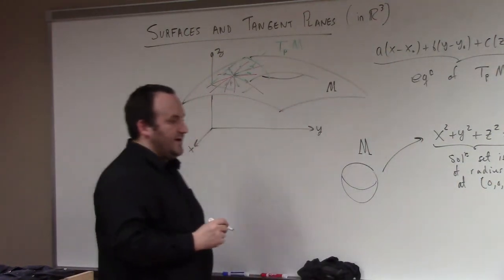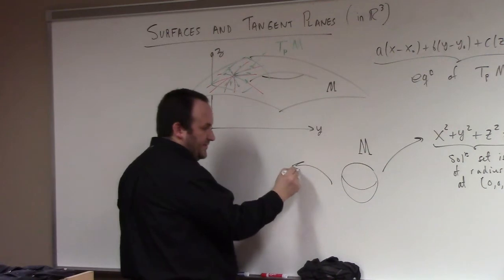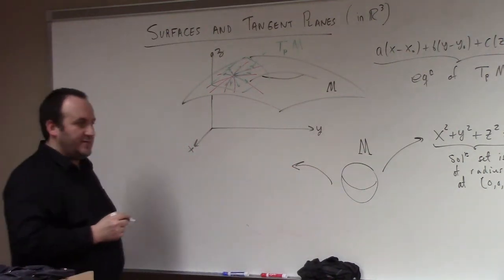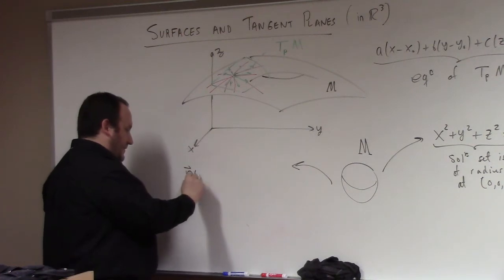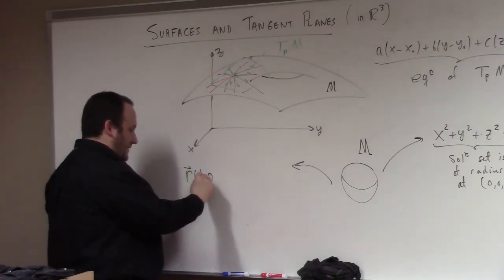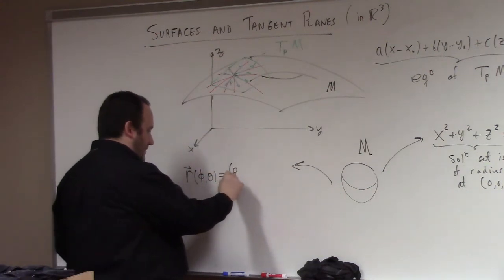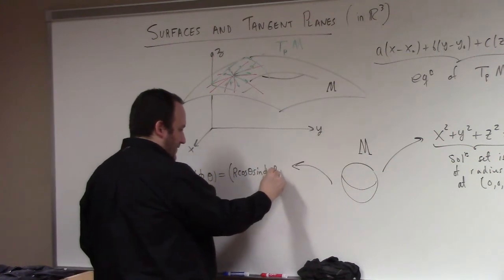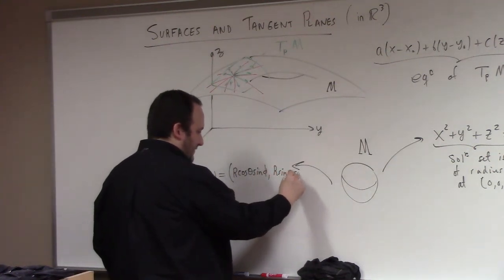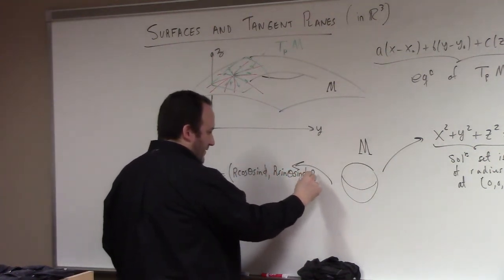But I could also describe it parametrically. How would you describe a sphere parametrically? Well, you do something like this. R of phi and theta is r cosine theta sine phi, r sine theta sine phi, r cosine phi.